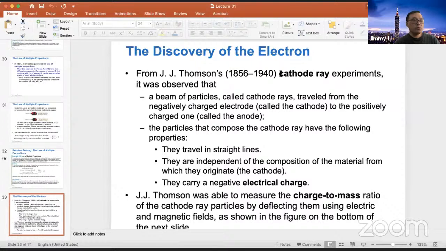In 1800, Dalton proposed the atomic theory. He said that each element is composed of tiny, tiny particles, and that tiny particle is called an atom.